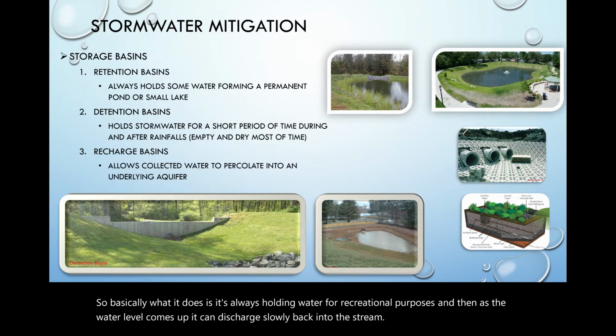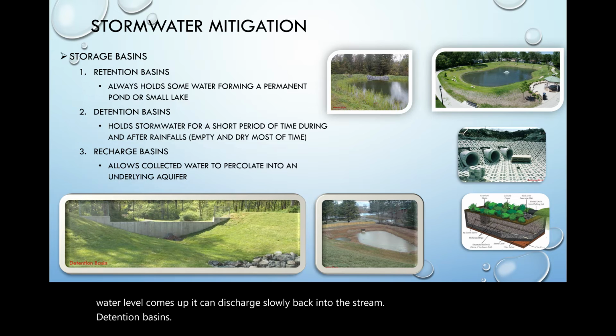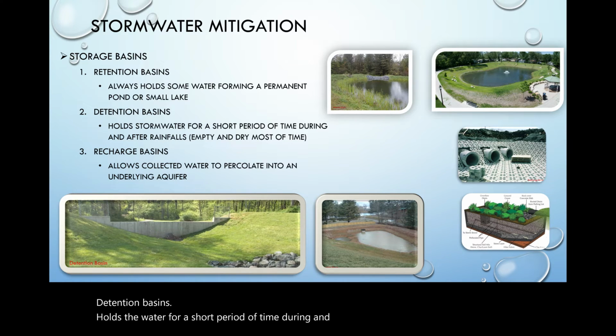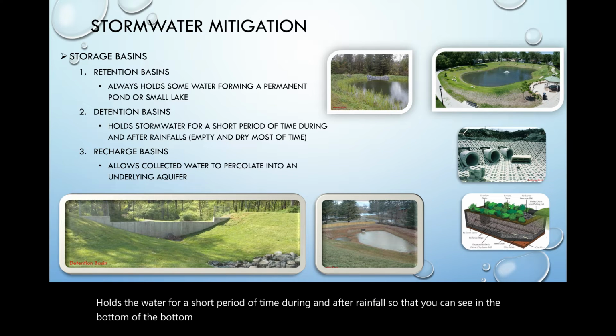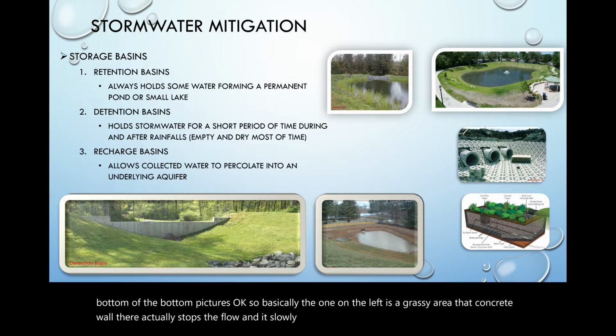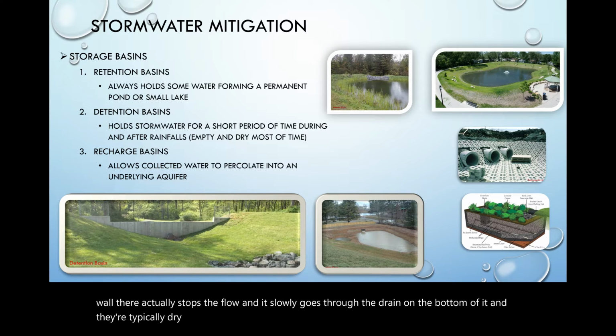Detention basins hold the water for a short period of time during and after rainfall, so that you can see in the bottom pictures. The one on the left is a grassy area. That concrete wall there actually stops the flow and it slowly goes through the drain on the bottom of it. And they're typically dry. And then the one on the right, as you can see, kind of looks like a retention basin.